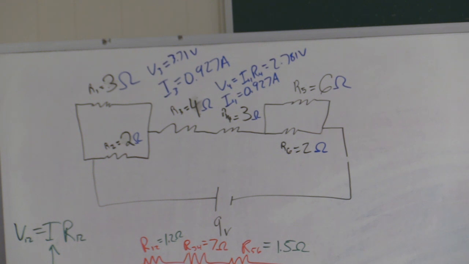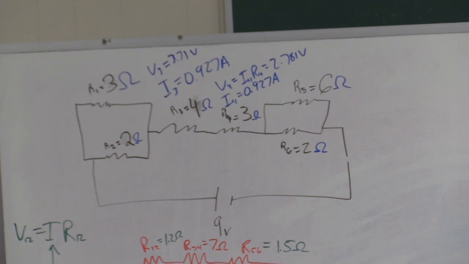I know how much current is going into resistor 1, 2, which is this set, and I know the resistance of that set. If I know the resistance and the current, I can find the voltage. Once I have the voltage, I'll know the voltage across both because it's a parallel set. That's the rule. We just keep using the tools that we have to get more information. The more information we have, the better.